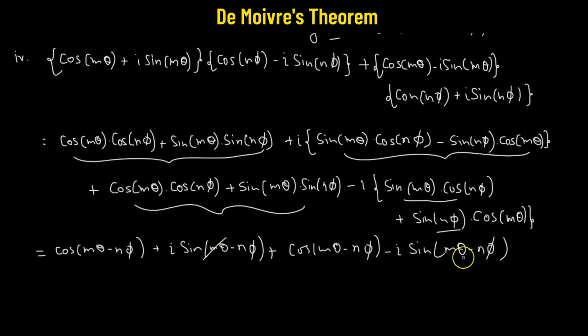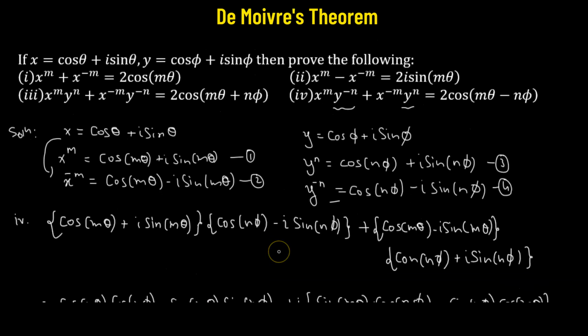So here we have the second term and the fourth term cancelling out. So the first term and the third term are the same. They get added to give us 2 times cosine of m theta minus n phi. So here also we have successfully shown that the expression is equal to 2 times cosine of m theta minus n phi.